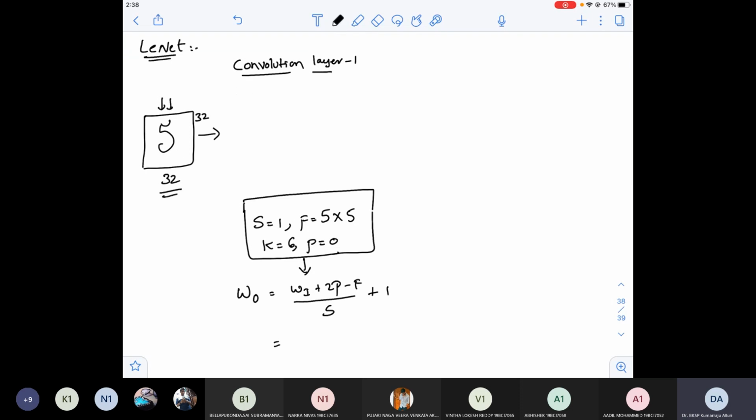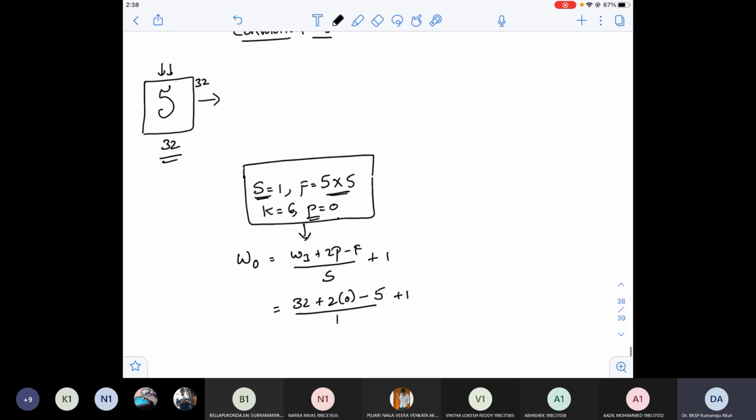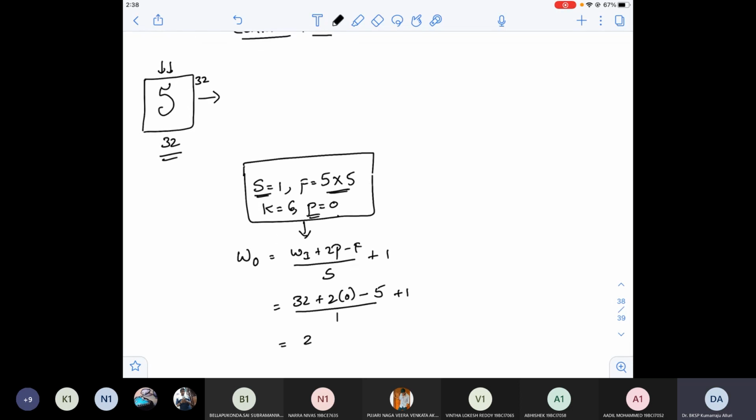Wi is 32, plus 2P, where padding is 0 since I'm not adding any padding bits, minus F, where F is 5, divided by stride, which is 1, plus 1. If you simplify this, you get 28.